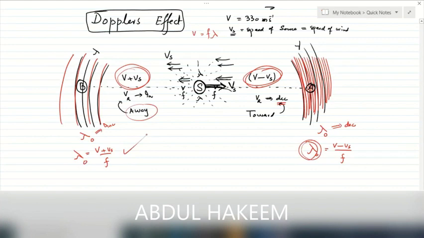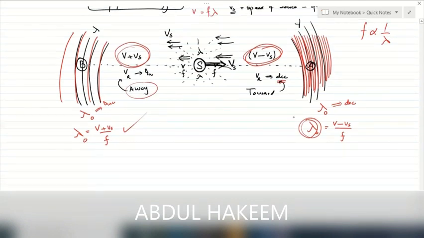Now, according to theory, frequency and wavelength are inversely proportional. So when the observed wavelength lambda naught is decreased, definitely the observed frequency will be different. It will increase.